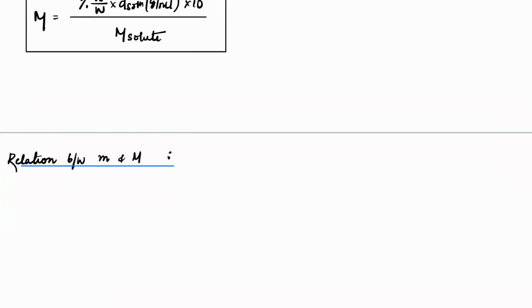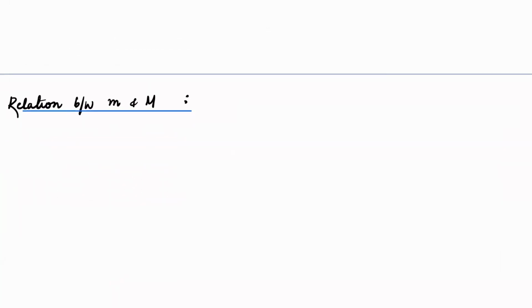Now, let's see another relationship, between molality and molarity. If I want to derive a relation between these two, how would I get that? First, let me write these two terms. Molarity by definition is the number of moles of solute divided by volume of solution in liters, while molality is the number of moles of solute divided by weight of solvent in kg. It's easy to observe that there is one common factor, which is the number of moles.